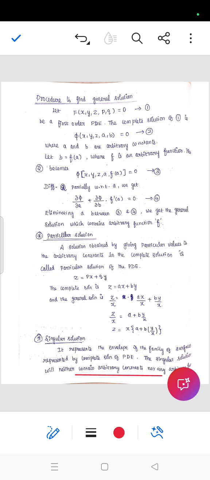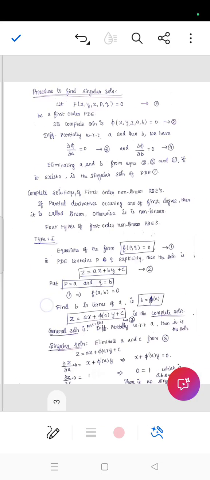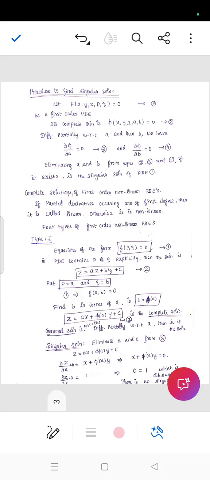Suppose we have an equation of the form, let us directly move to type 1, that is f of p comma q equal to 0, a function of p and q. What do you mean by p? p is dou z by dou x. And what is q? q is dou z by dou y.